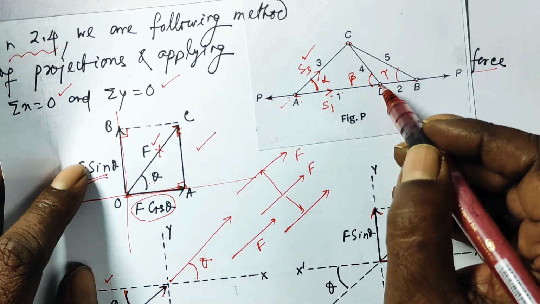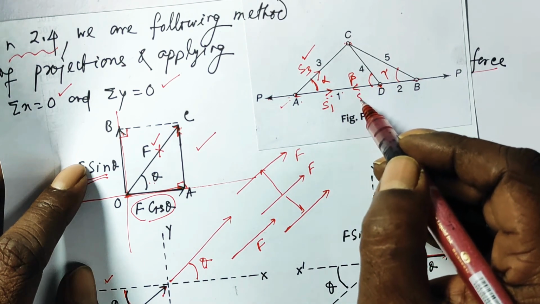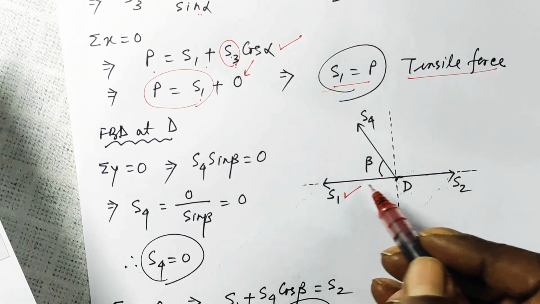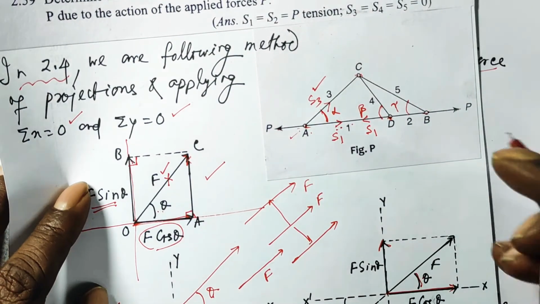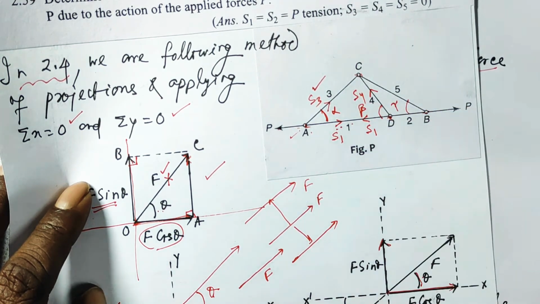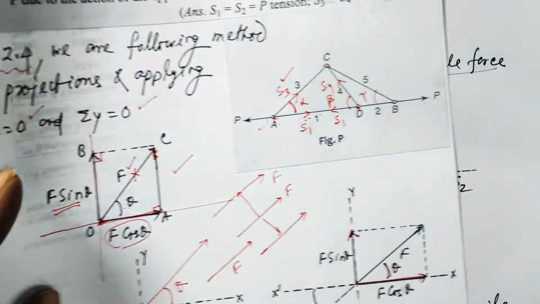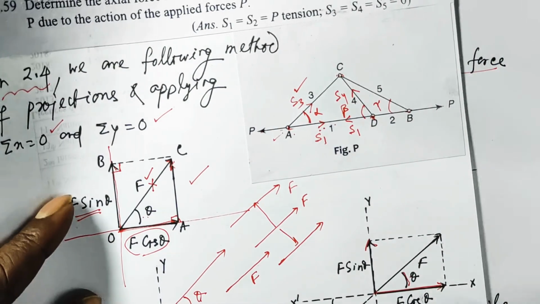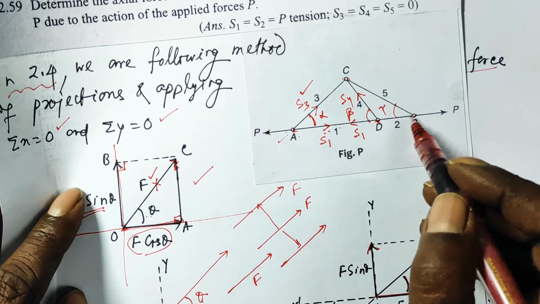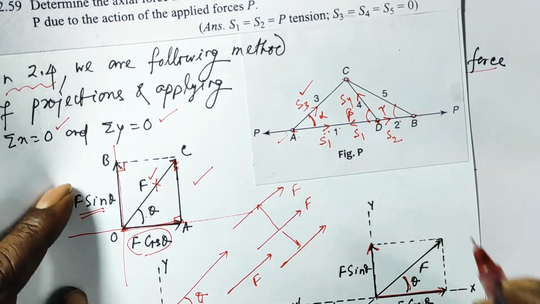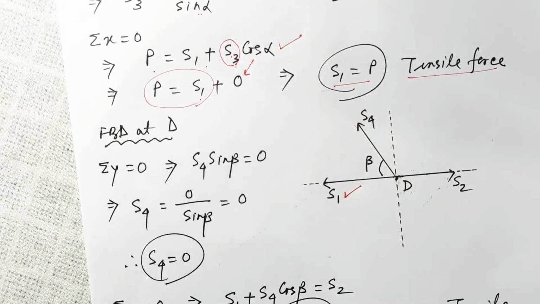For point D, S1 will be to this side, the same S1, as I have shown here. And this is bar 4, so let it be S4, the axial force away from the point D. And the bar from D to B, bar number 2, has S2 to this side. So there are three forces, S1, S2 and S4.